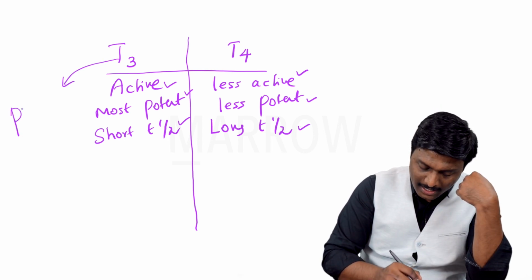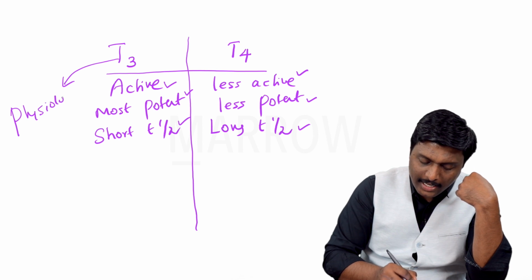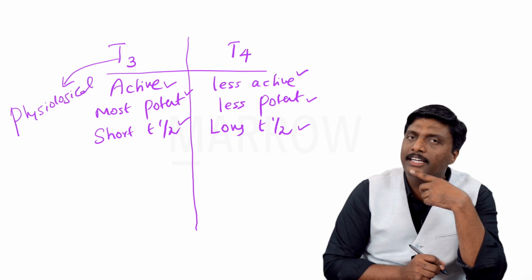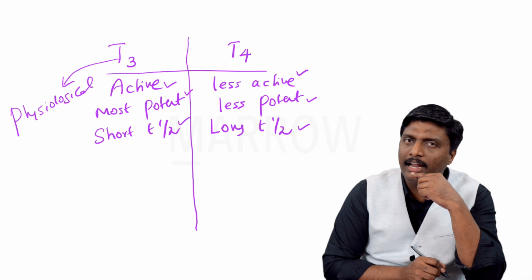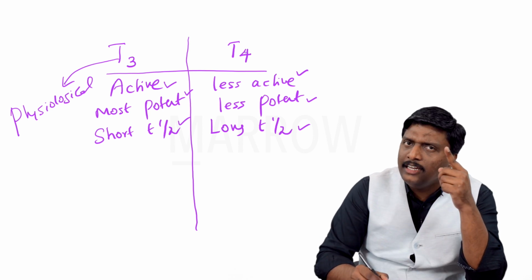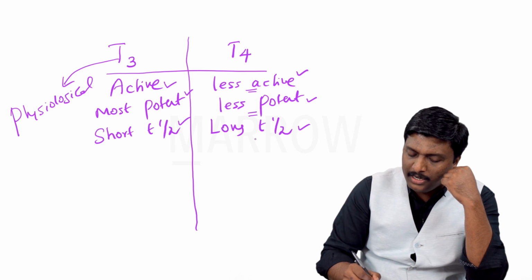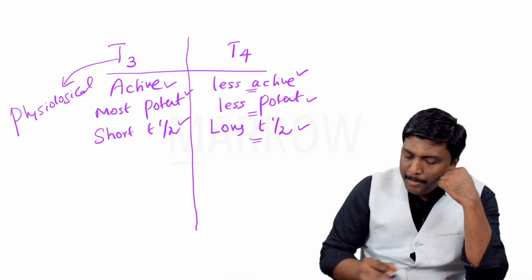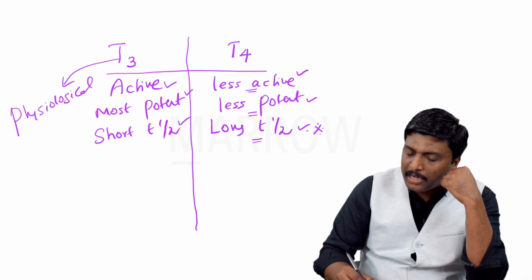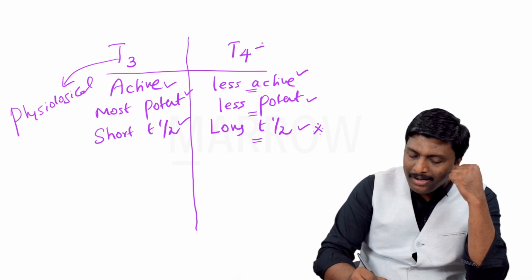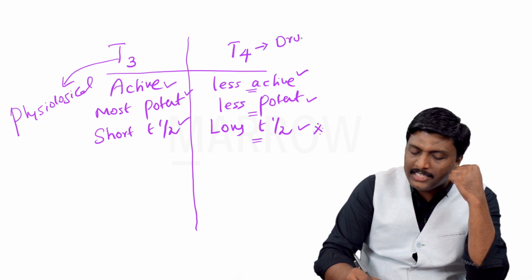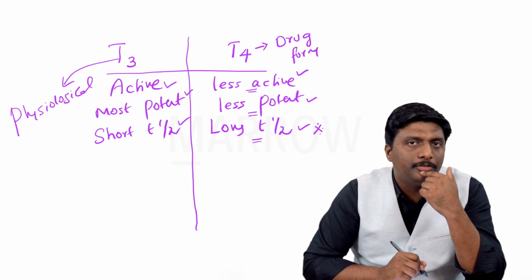That is why physiological is always T3 form. On the other hand, you can clearly see T4 seems inferior: less active, less potent, long half-life. Because of this important aspect, long half-life, remember T4 is always the preferred drug form of thyroid hormone.